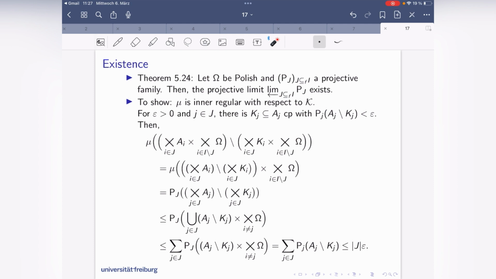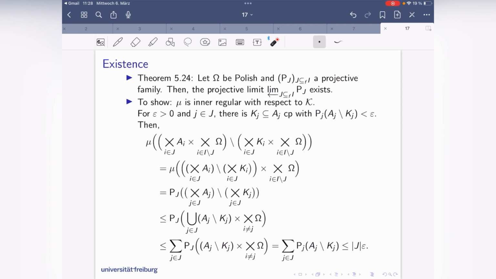Which means that in a Polish space, we find a Kj, subset of Aj, such that the difference is less than epsilon under Pj. That here comes from one result we had, and the Polish property of our measures.